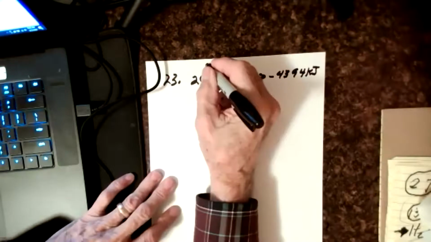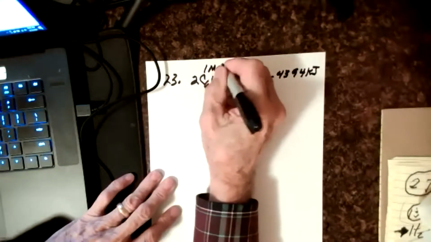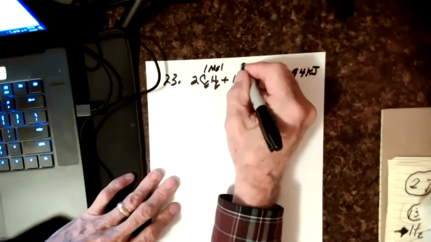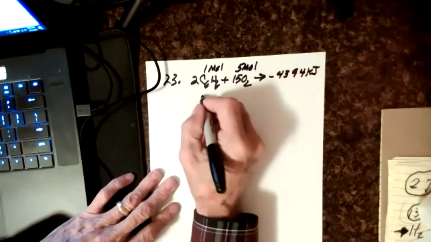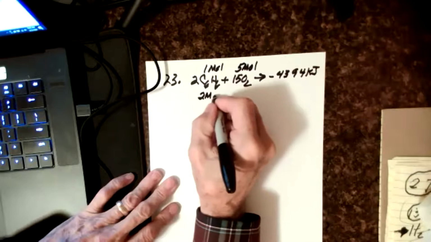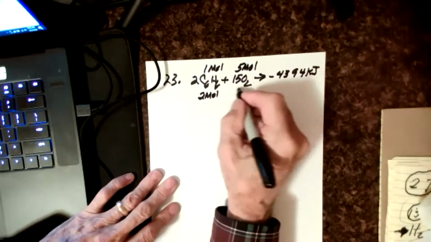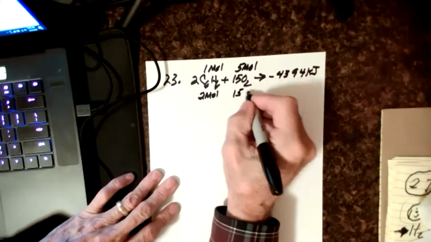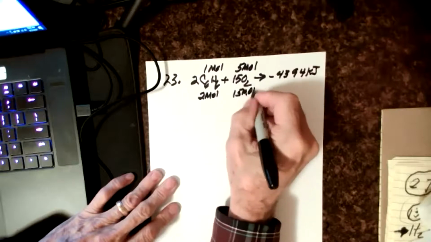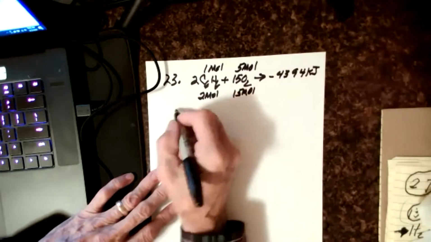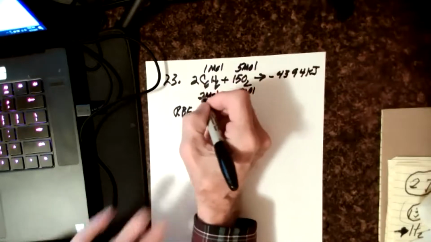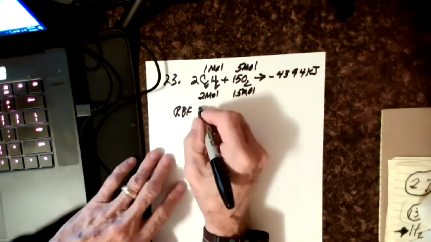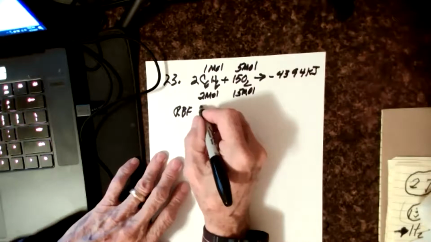Now the problem says I have 1 mole here, and it says I have 5 moles here. The equation is showing 2 moles of the benzene and 15 moles of O2. So there are my 2 rebalancing factors. It's going to be this one divided by 2, so that's going to be 0.5, 1/2.